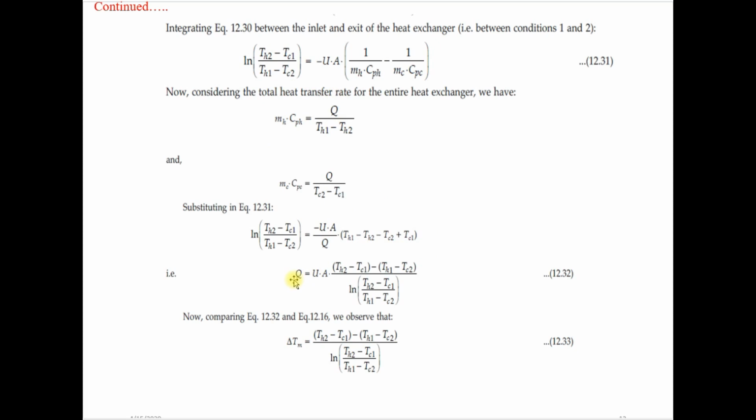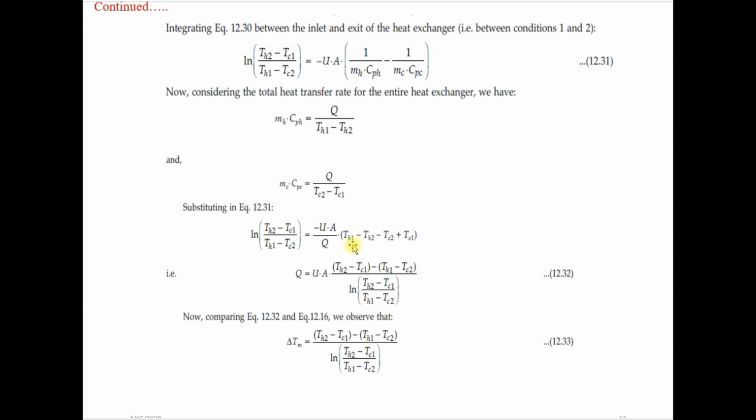Then Q is equal to minus UA, just they have written minus Q is equal to UA into delta T. What is delta T? Th2 minus Tc1 minus (Th1 minus Tc2), they have replaced the Q term from here. Q is equal to UA times (Th2 minus Tc1) minus (Th1 minus Tc2).